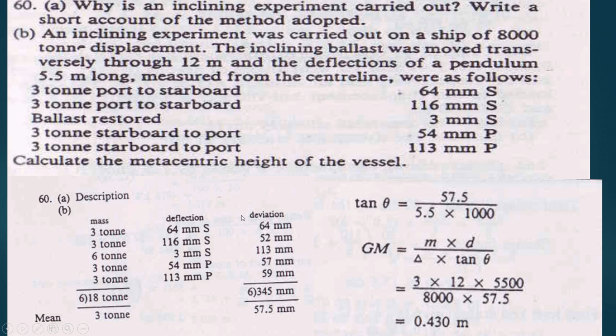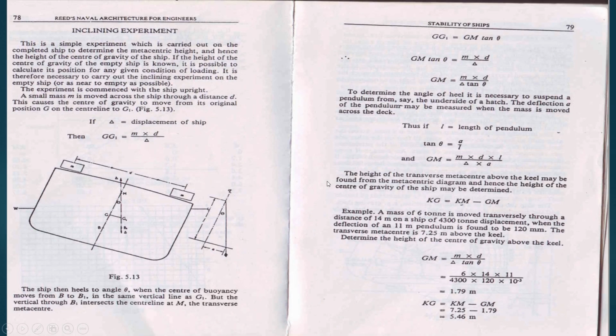This one is in mm, so we convert this meter into mm by multiplying by 1000. So 5.5 into 1000. And actually we need to find the metacentric height of the vessel. The formula is metacentric height is equal to mass into distance into displacement of ship into tan theta. We found tan theta is equal to A by L by applying that formula.